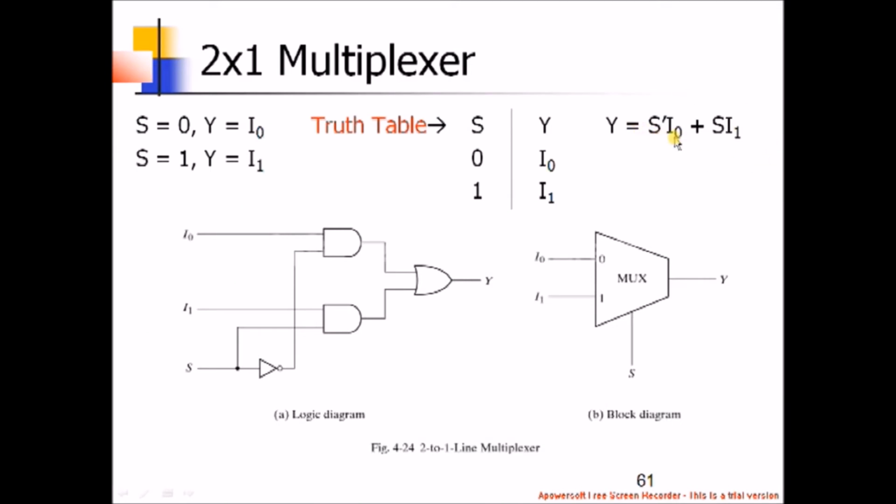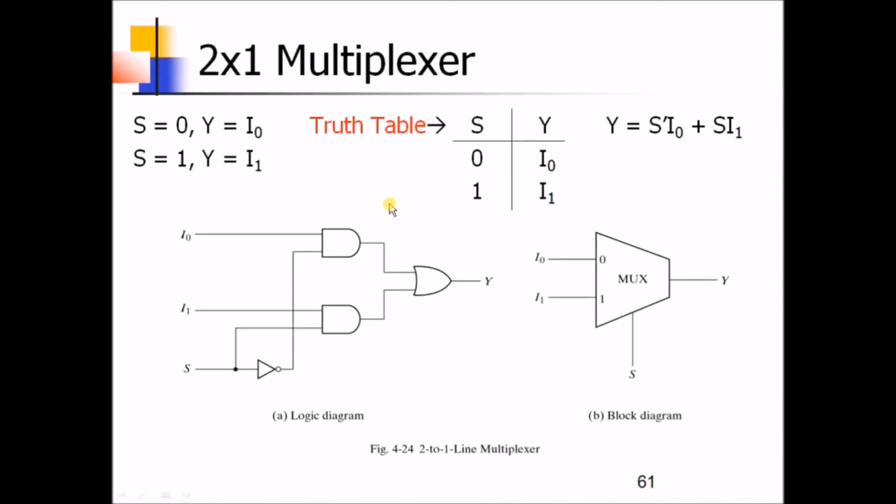Here I need two AND gates for these two terms and then one OR gate. So I've used two AND gates along with an inverter, and then an OR gate. This is the logic diagram for this expression, and this is how we can design multiplexers with the help of logic gates.